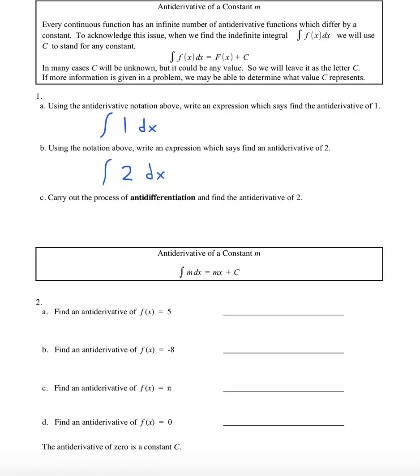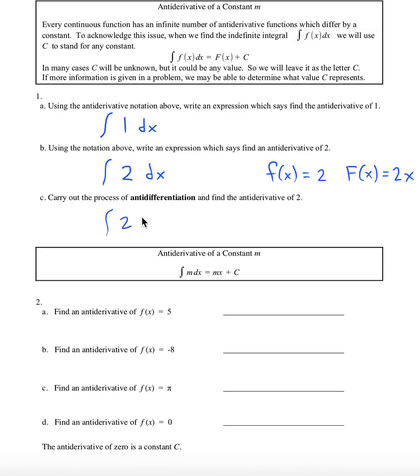Now we need to think of a function whose derivative is 2. So whereas f of x could be 2, big F of x would be the antiderivative function, which would be 2x. That's a function whose derivative is 2.